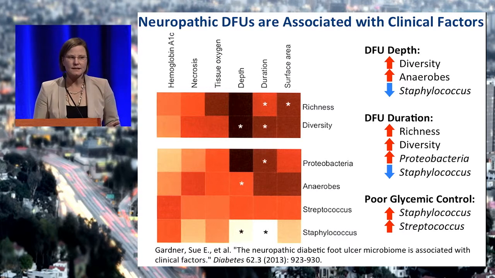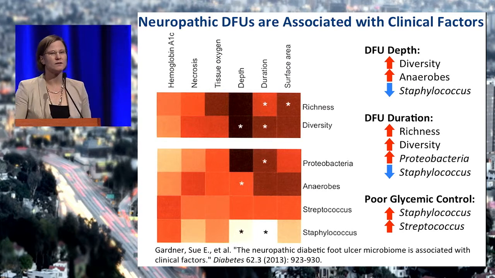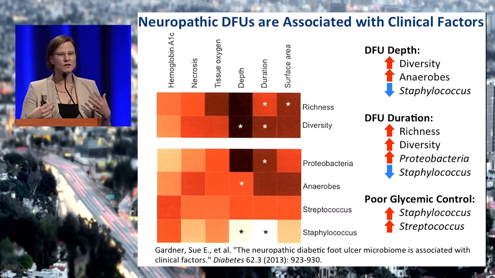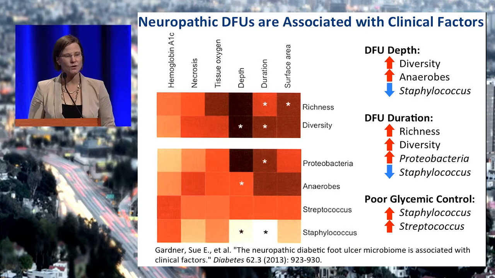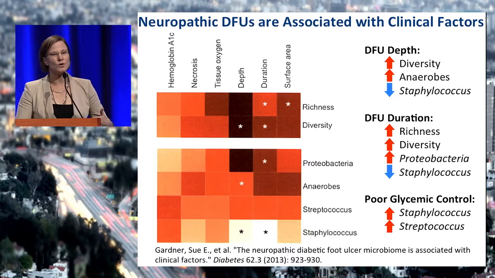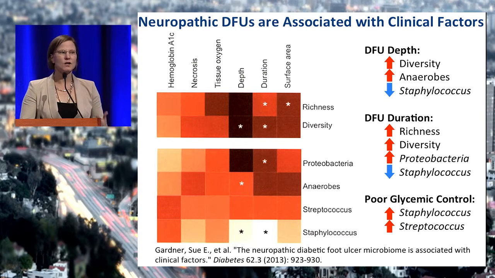And then lastly, like in our mouse model for type 2 diabetes, given poor glycemic control, we also have a positive correlation with Staphylococcus and with Streptococcus. And so these types of things are starting to help us understand the role of these communities and how they affect disease.